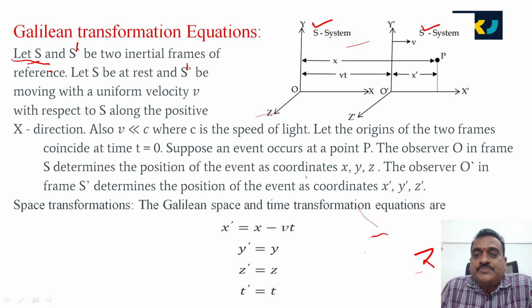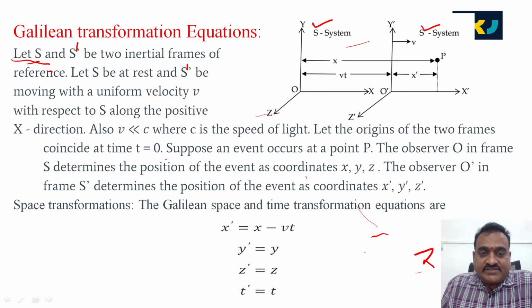Compared to the speed of light, the velocity v of the system is less than c, where c is the speed of light. Let the origins of the two frames coincide at time t equal to 0.